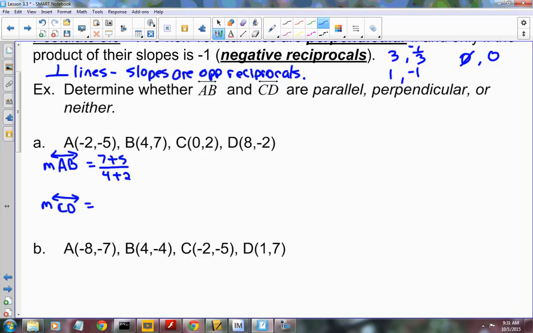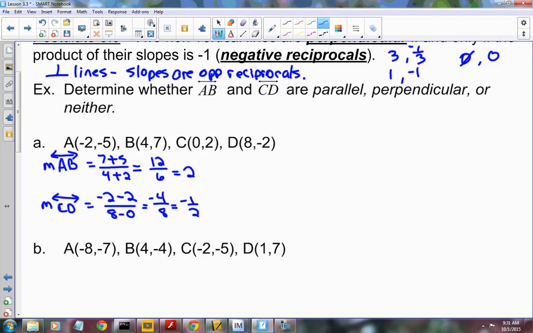Remember, when you minus a negative, it becomes plus. So that ends up being 12 over 6, which is 2. Then I'm going to do CD: -2 minus 2 over 8 minus 0. That ends up being -4 over 8, which is -1/2.